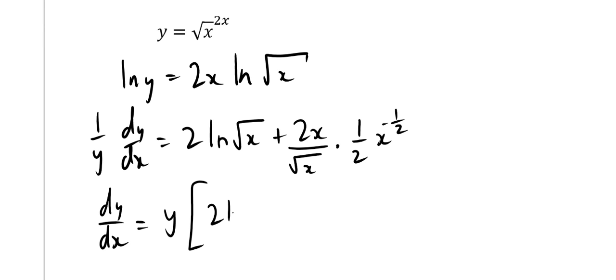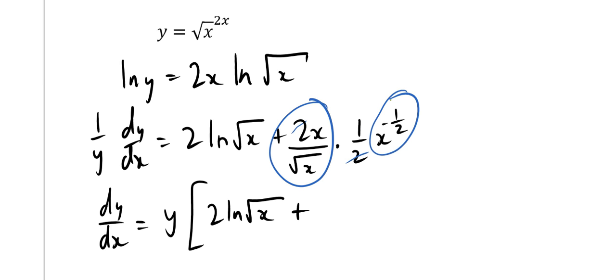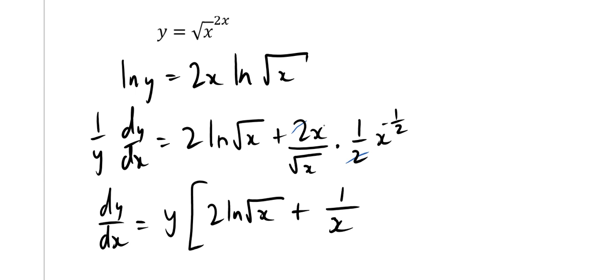So I'm going to get 2 ln root x plus, well, I see a 2 up here and I see a 2 down here, so those are going to be gone. And this is 1 over the square root of x, and this is 1 over the square root of x. 1 over the square root of x times 1 over the square root of x is going to give you what? 1 over x. And the 2's are gone, so do I just get 1 over, oh, sorry, there's still an x there.